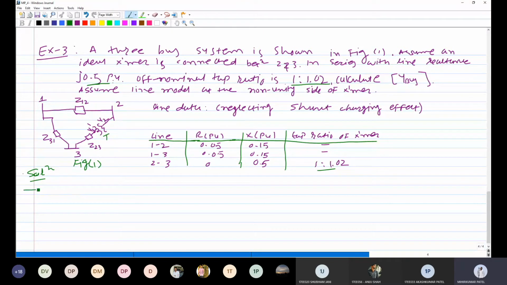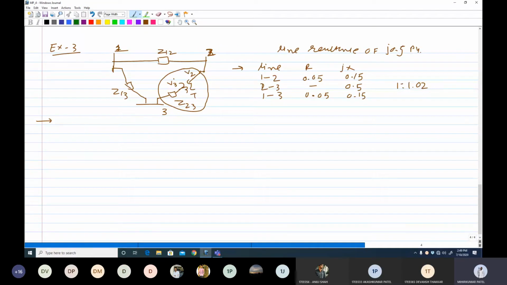So such kind of example is calculated based on the consideration of first just neglecting this transmission line. So if we neglect the transmission line, the system is now updated after removal of the line between bus number 2 and 3, and only Z12 and Z13 are present in your 3-bus network.